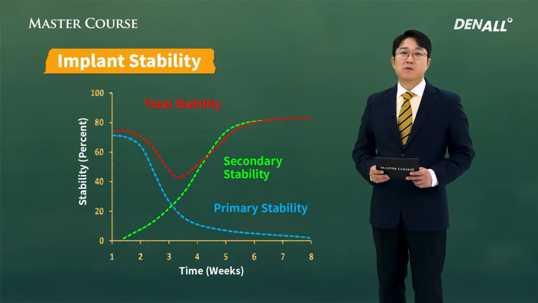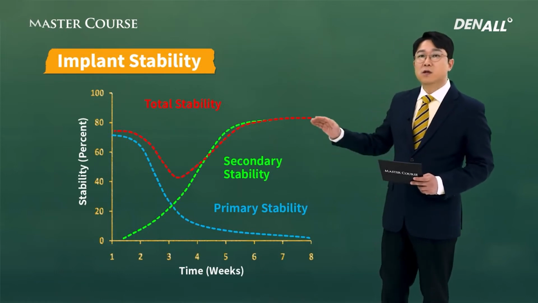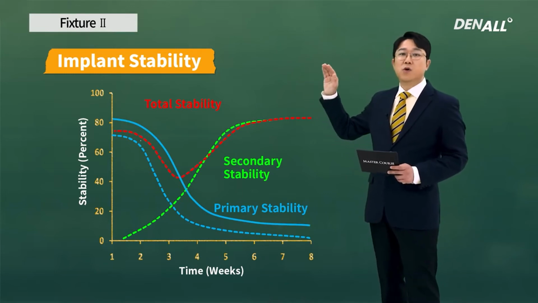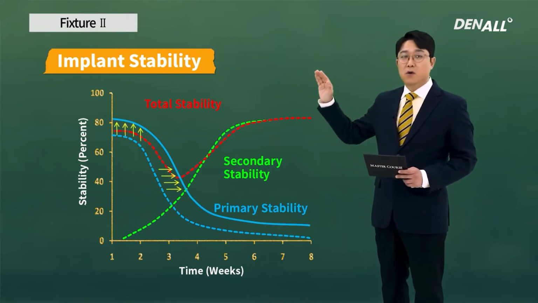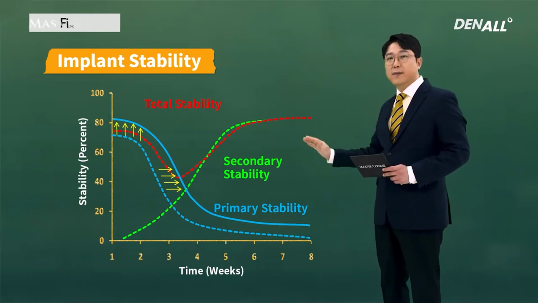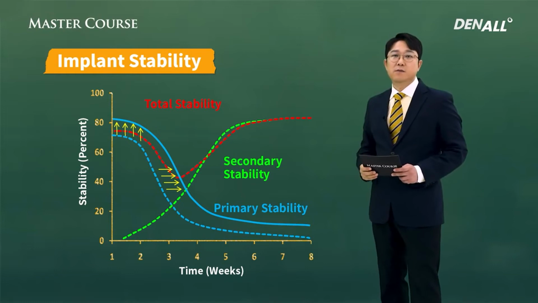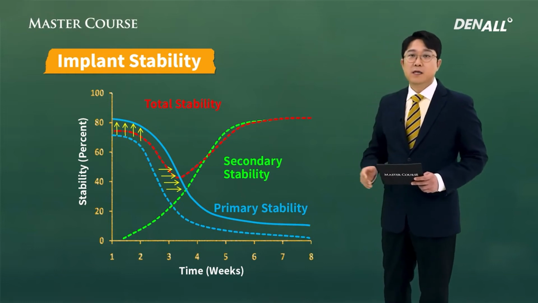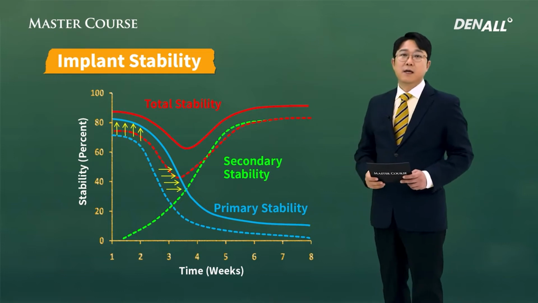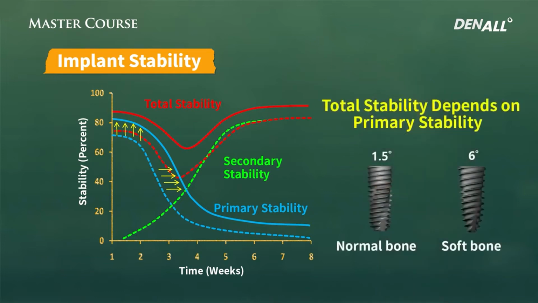The primary stability goes down over time, and we need to heighten the starting point of the curve. That means more stability should be achieved at the beginning, and if you increase the area of implant bone contact, total stability can be heightened.